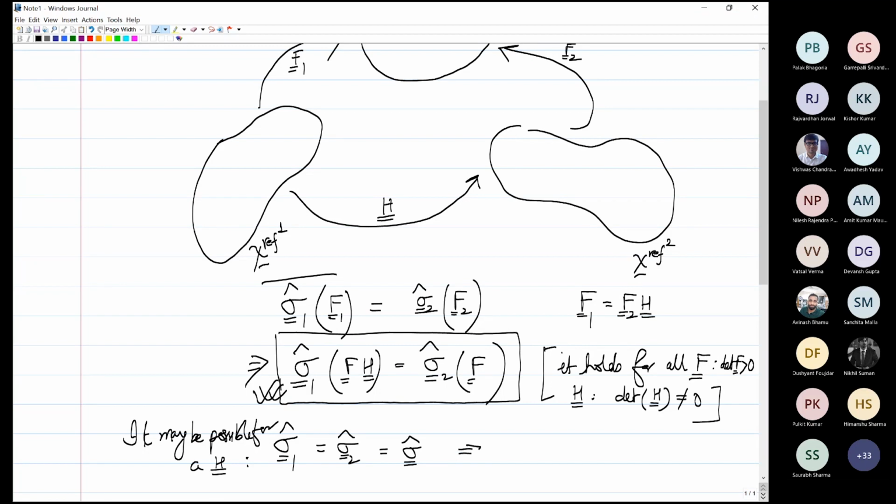This will mean that if the response function is the same, then sigma 1 hat of F would be the same as sigma 2 hat of F for all F. So is it possible that you apply the same deformation gradient big F in both the cases and you still get the same stress finally? Can you think of a physical case when the response function is indeed the same?